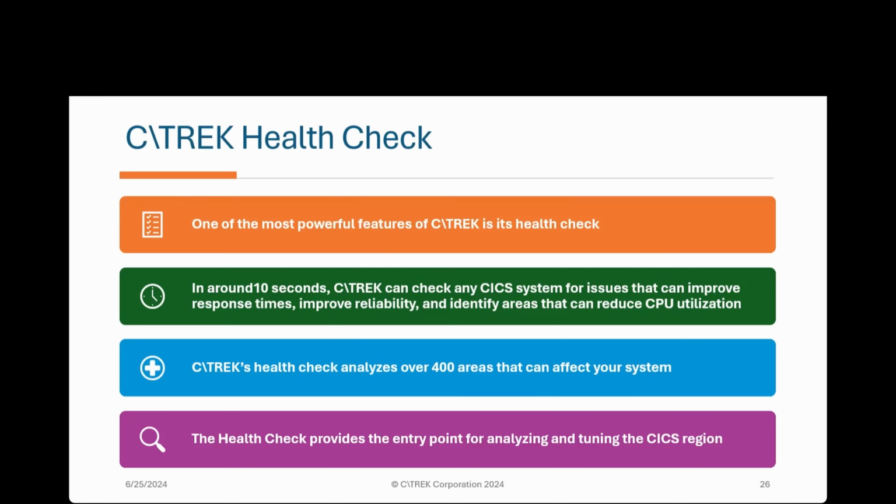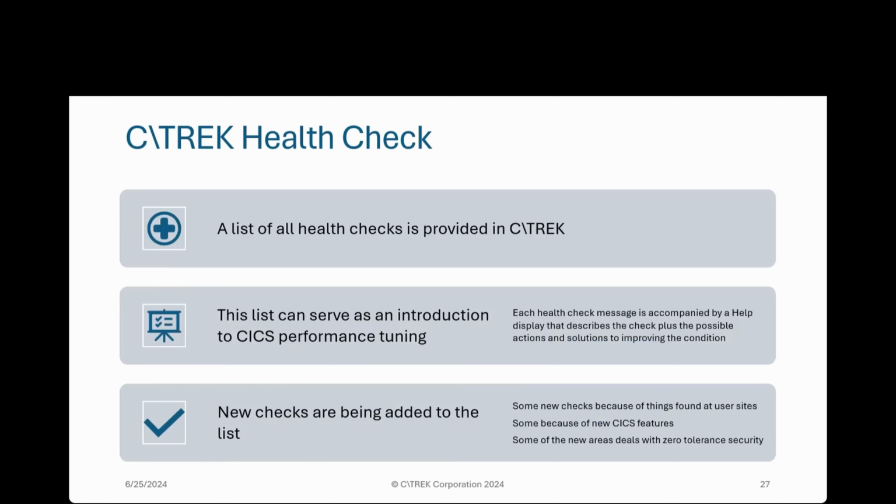And again, you'll see some of the displays here now. C-TREC provides the list of all 400 and something. In other words, you can go in that XX menu I was talking about, the miscellaneous menu. One of the entries in there tells you the list of all the different health checks that we look at, and you'll be able to see the base for it.